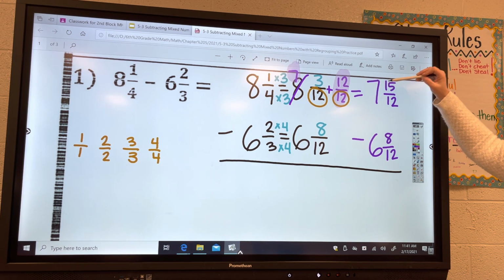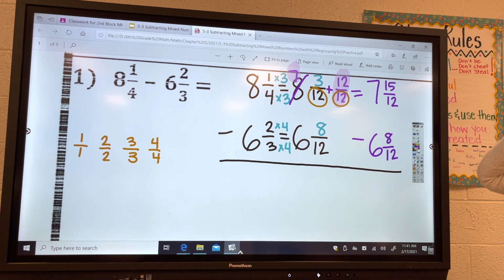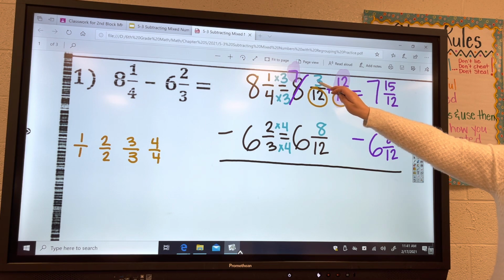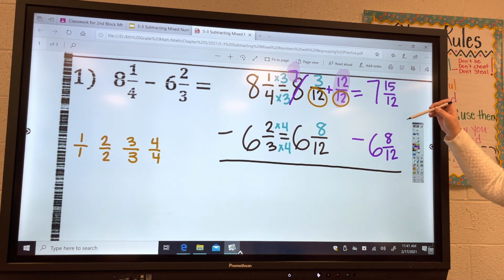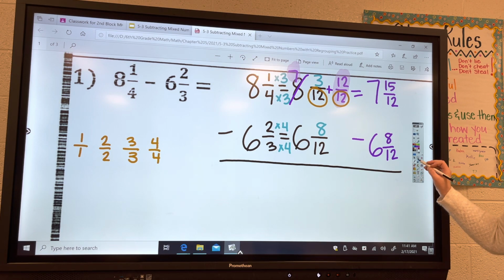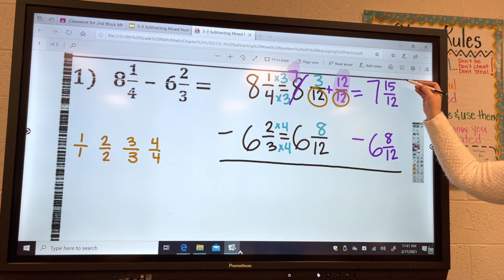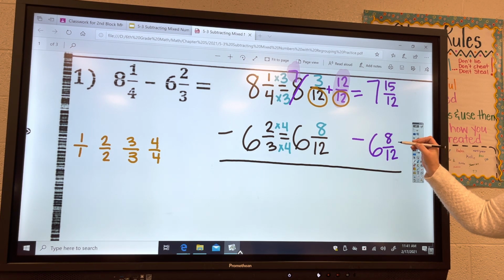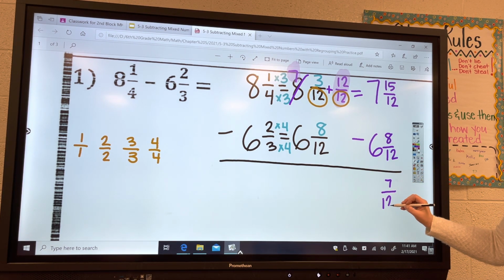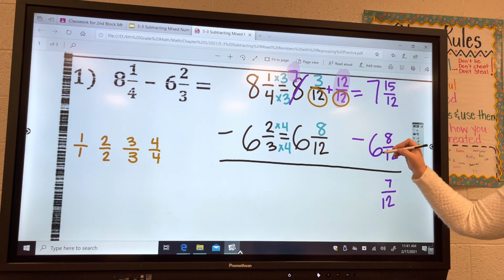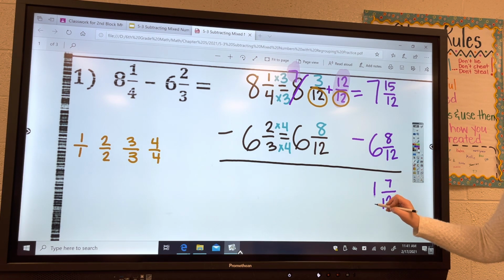And how many are left over? 3. So I'm back over here. So 15 minus 8 is 7. My denominator stays the same. 7 minus 6 is 1.